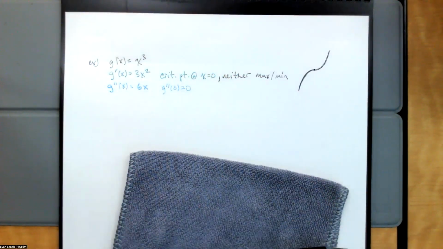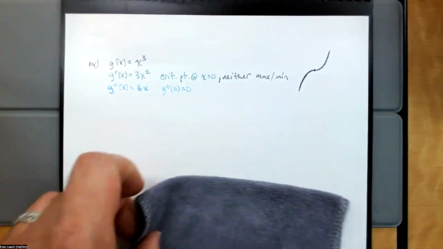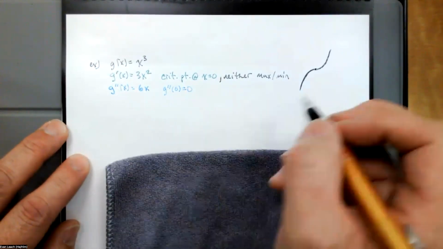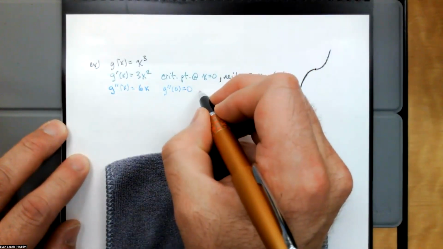In this case, we do have an inflection point at 0, because the function changes concavity at 0.